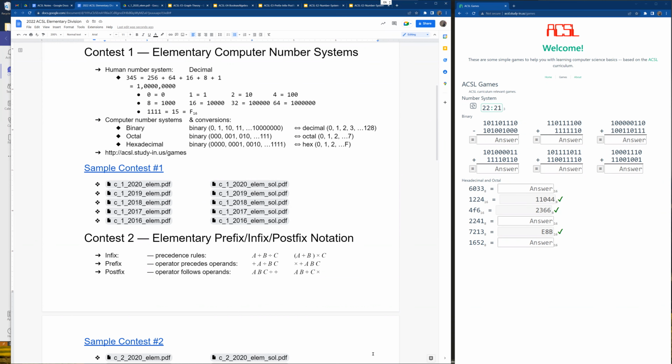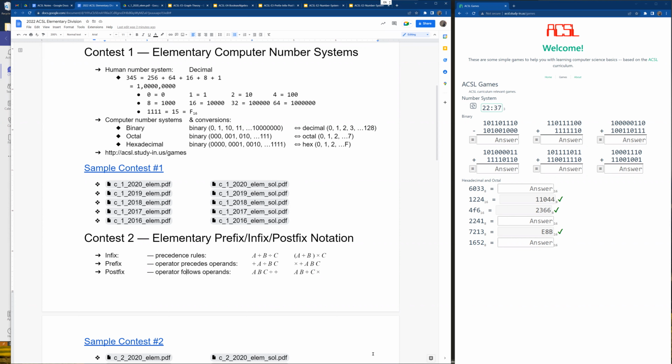What you will need to do is deal with these kinds of conversions. You're given an expression and you convert it to something else.